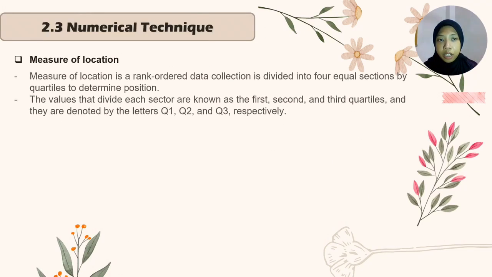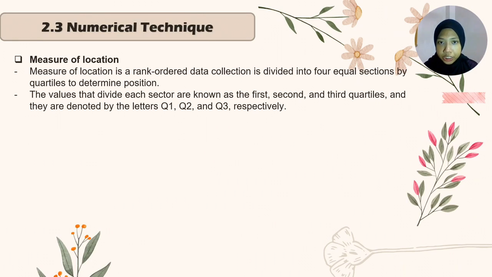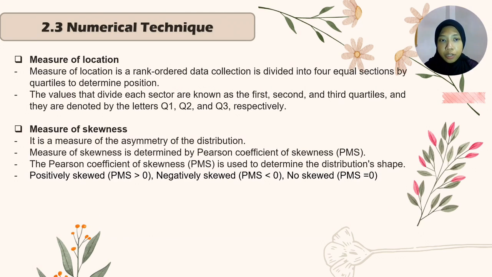Then the third measure is measure of location, which means that rank order data collection is divided into 4 equal sections by quartiles to determine the position. The values that divide each section are known as the first, second, and third quartile, and they are denoted by the letters Q1, Q2, and Q3 respectively. And we have measure of skewness, which is a measure of the asymmetry of the distribution.